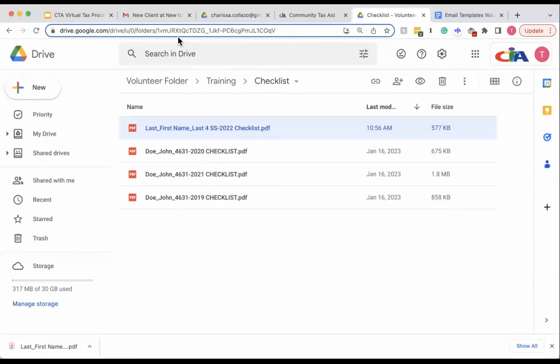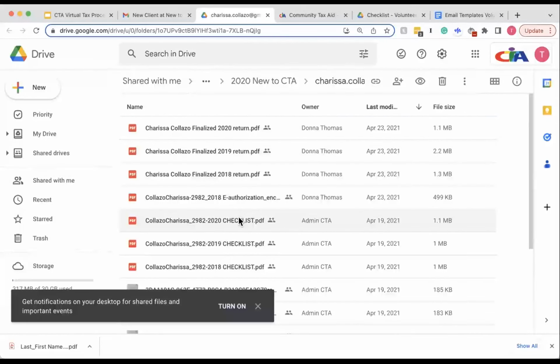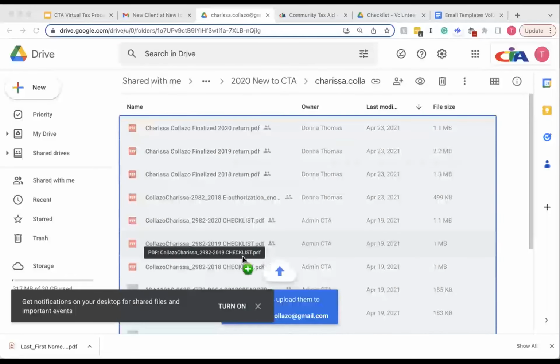So the next thing is that you want to re-upload this document with the correct name of the document back into the shared folder, into this woman's folder. So all you do is you go and you find it on your documents, and I'm just going to pull up an uncompleted one, and I can always delete it later, but all you need to do is hover over.